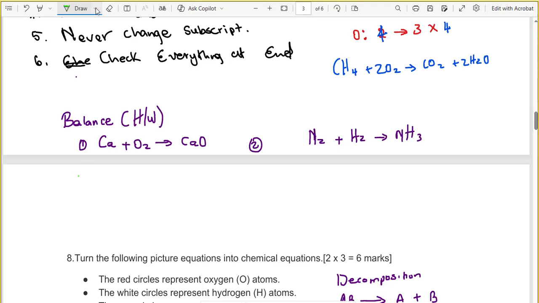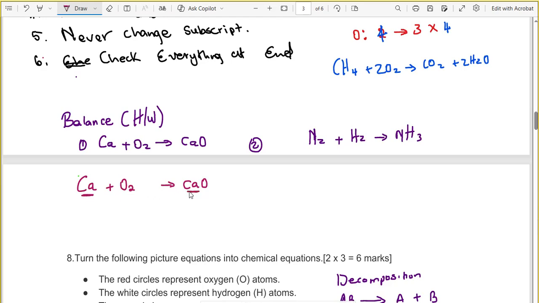Perfect. So at first we have Ca. The Ca reacts with the O2, right? So now these are our reactants and this forms CaO. When I look at calcium, there's one on the reactants.